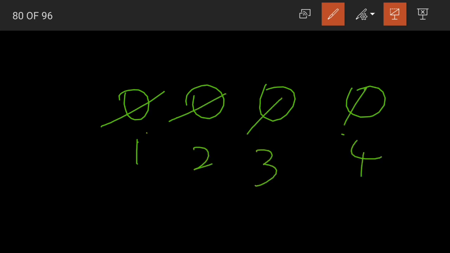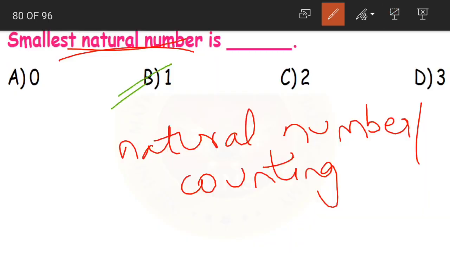You will say that there are 4 balls. Now from where did you start counting? From the number 1. So the natural numbers start from the number 1, and this becomes our smallest natural number.